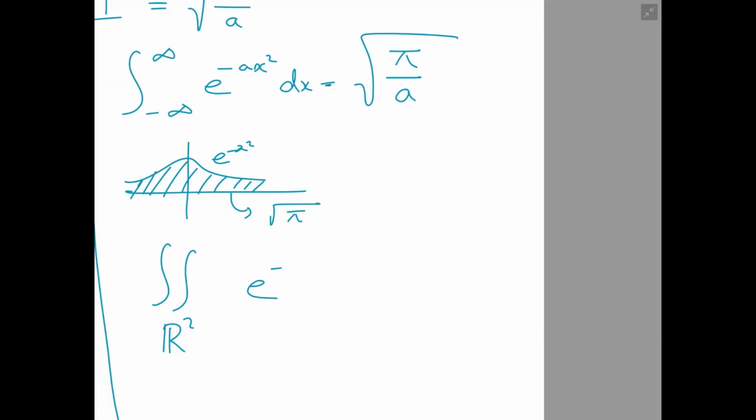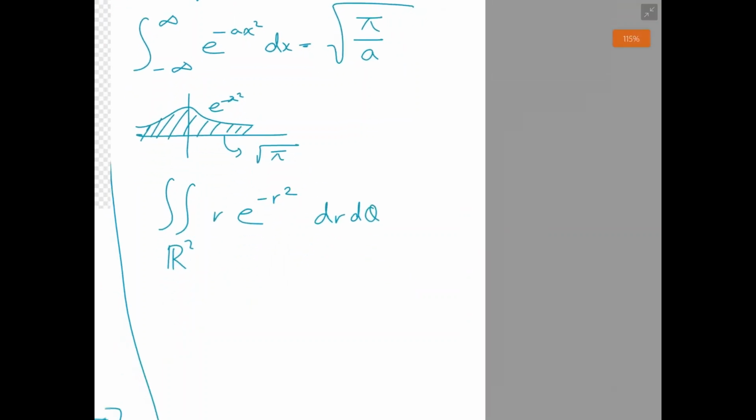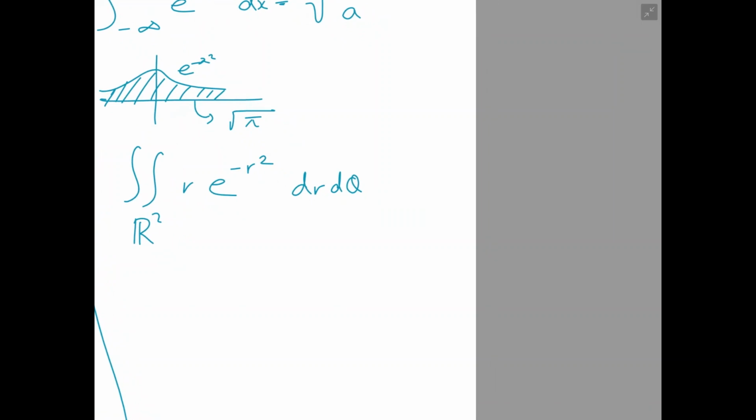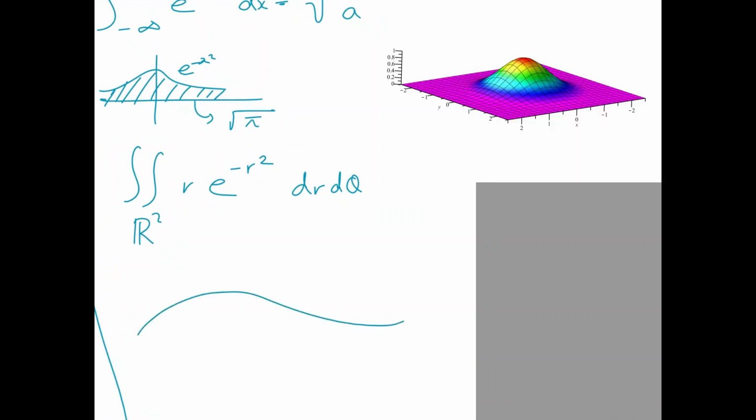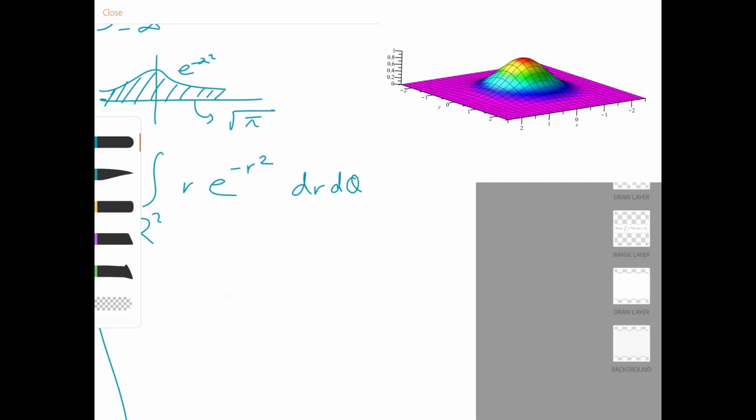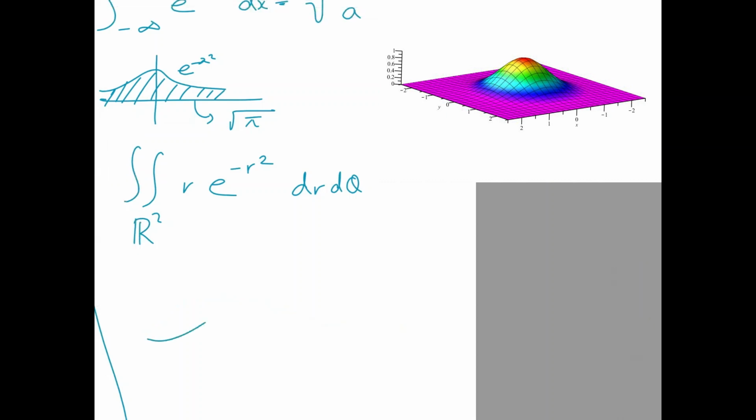And if you think about our double integral, because we were integrating over R2, if we were integrating e to the minus r squared times r dr d theta, e to the minus r squared would sort of look like a lump in 3 dimensions. It would have a shape something like that, and these are just concentric circles to show its curvature.